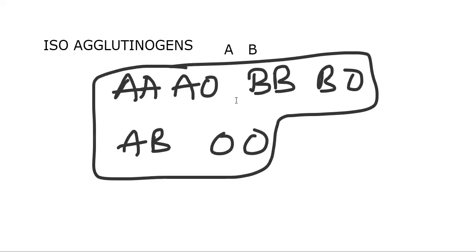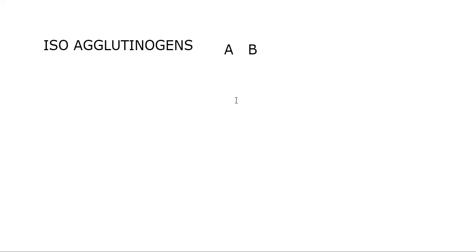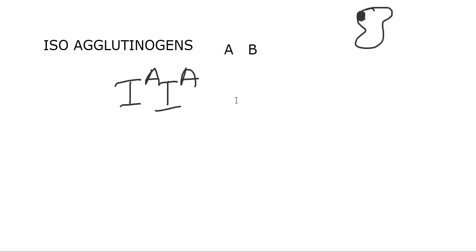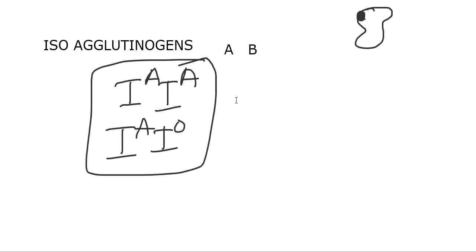But here, we need to add I. The genotype of A blood group is IA because it contains on the surface of RBC a sugar polymer called A antigen or A isoagglutinogen. Likewise, IO, just adding I, that's all, from the previous knowledge. So this is A blood group.